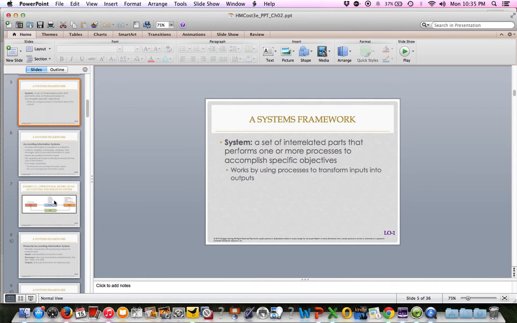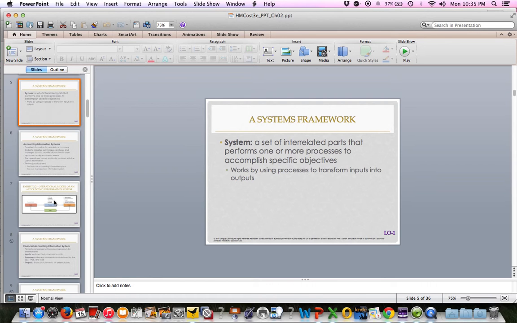So the first part of the chapter deals with systems, basically more of the technology side of it. And they talk about accounting information systems. Basically, just think of a system as interrelated parts to perform one or more processes to accomplish an objective.